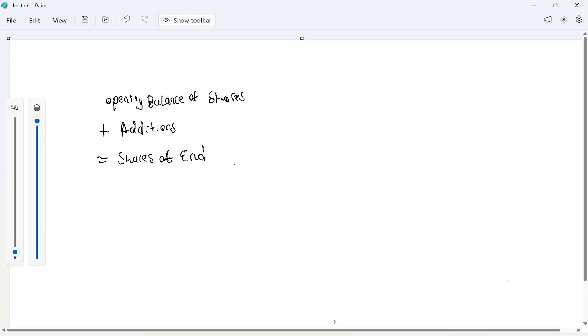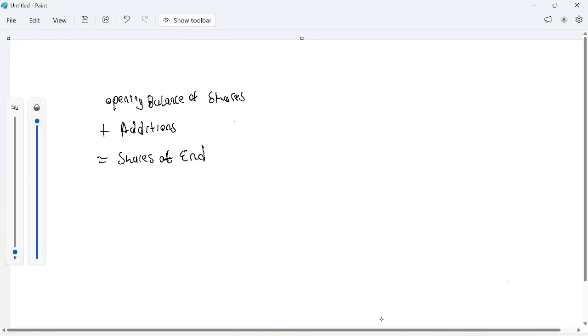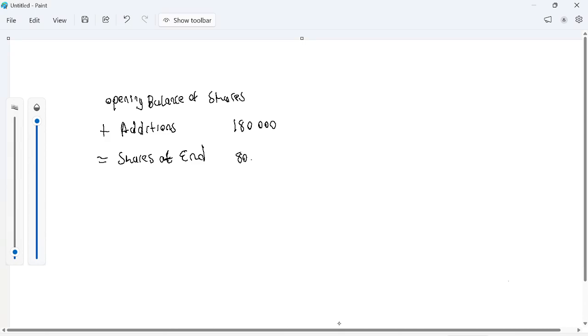Meaning in this case I have shares that have been issued during the financial year, 180,000 shares issued, and then I have 800,000 shares at the end of the year, right?